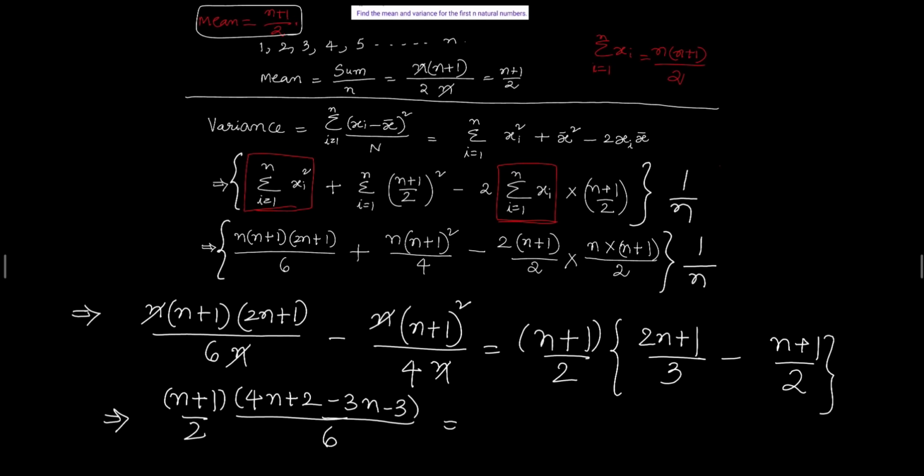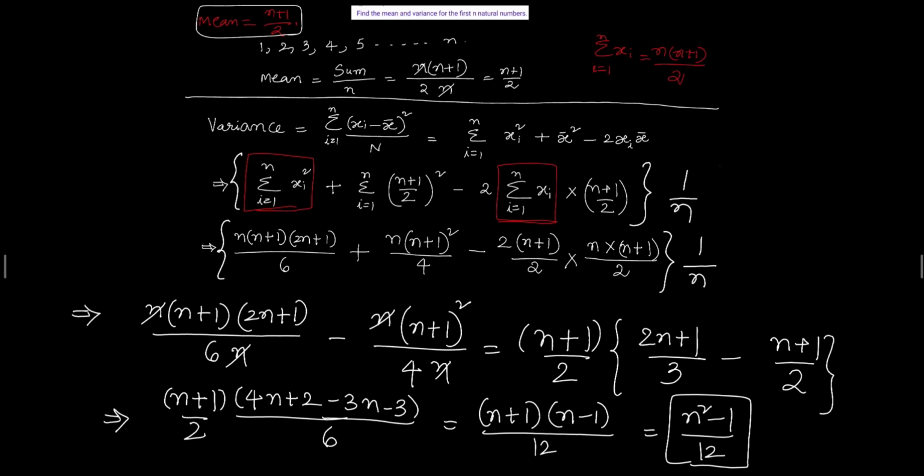This will be n plus 1 into n minus 1 by 12, which is equal to n square minus 1 divided by 12. So the mean and variance of the first n natural numbers: the mean is given by n plus 1 by 2 and the variance is given by n square minus 1 divided by 12.